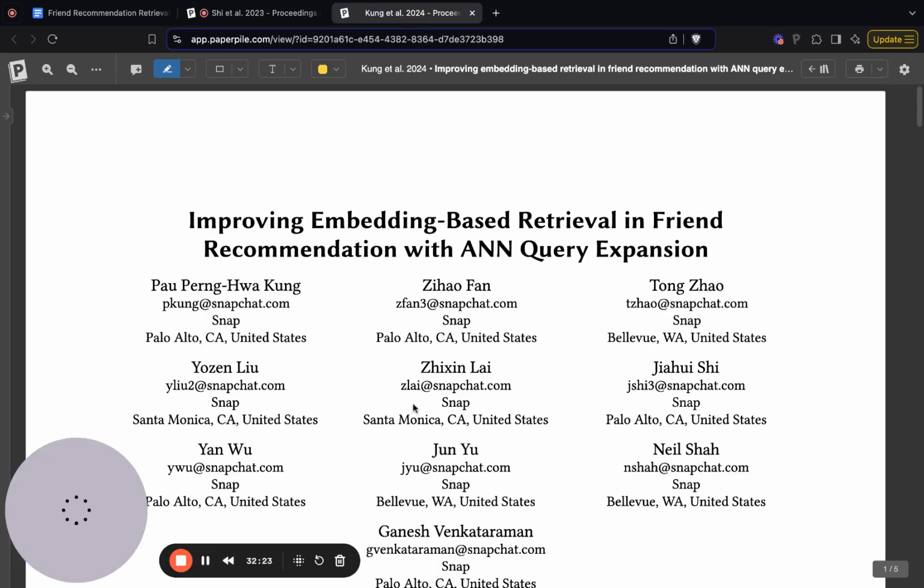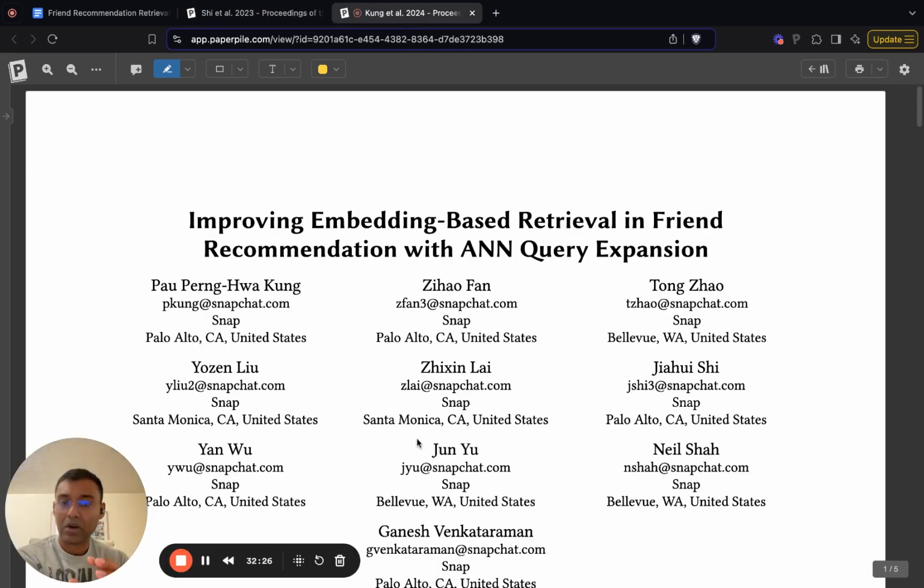And in the second paper, they learn an embedding of all users, but instead of searching with the embedding of the user, they sample some of the friends and they find the nearest neighbors of these samples. Specifically, they have 5 seeds. They call it 5 seeds. They sample 5 seeds and they search for them.